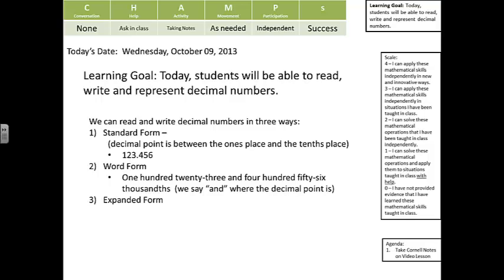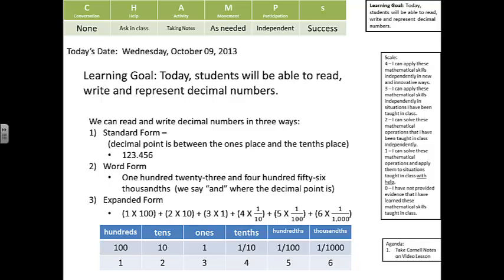The final way is in expanded form, and in that same value in expanded form, we have 1 times 100, 2 times 10, 3 times 1, 4 times 1/10, 5 times 1/100th, and 6 times 1/1000th. And we'll use our place value chart to see where we got each of those values.